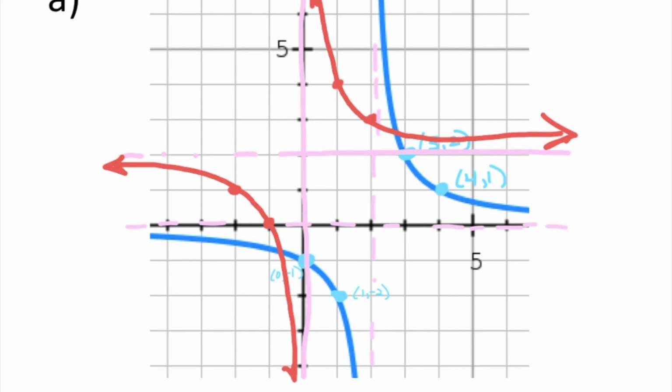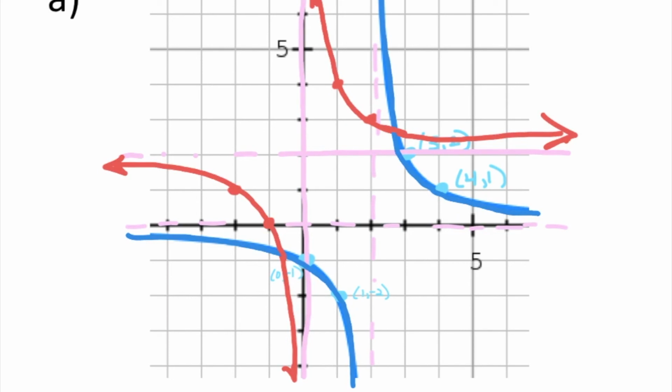And the other thing that I would like for you to do is also graph, so really here, you're just looking at the original function that I gave you, and the red function that I just drew that is your answer. The red is just your answer, that's it.